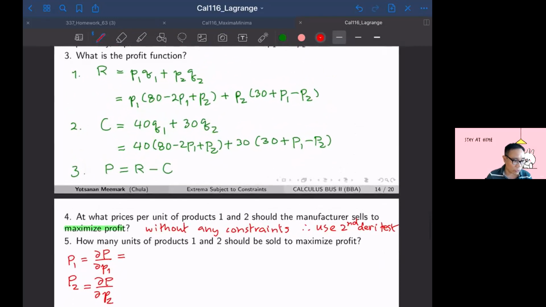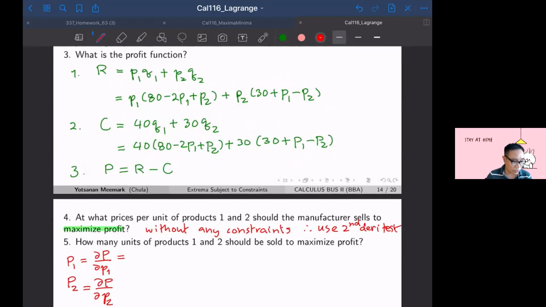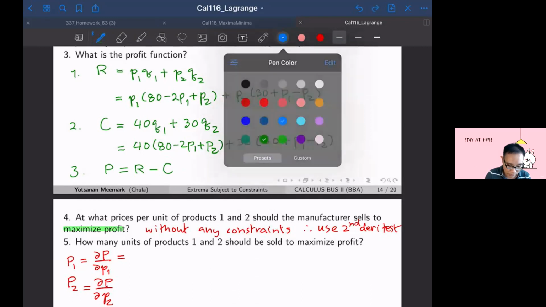Okay, so for this one, you're gonna have to expand it to be able to differentiate it. Let me write the revenue and the cost function in a form that you can differentiate quite easily.